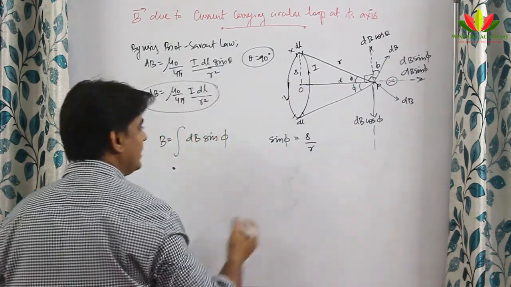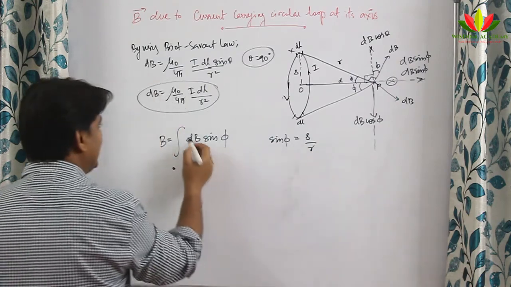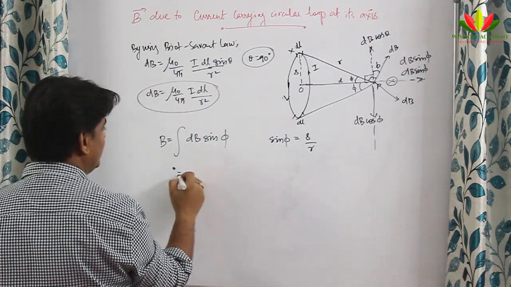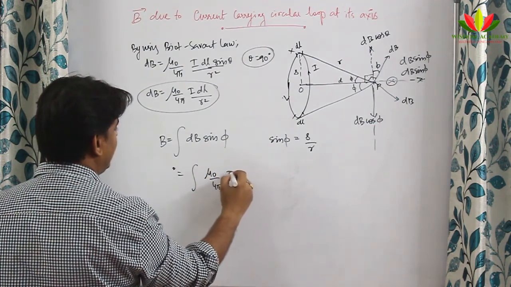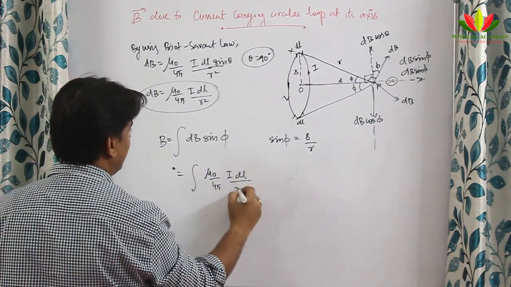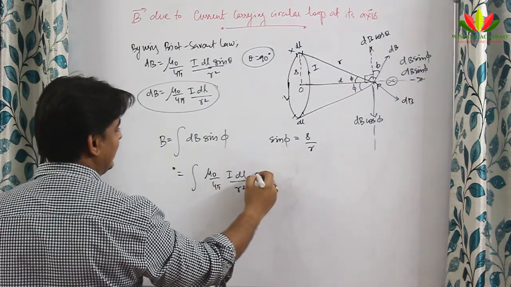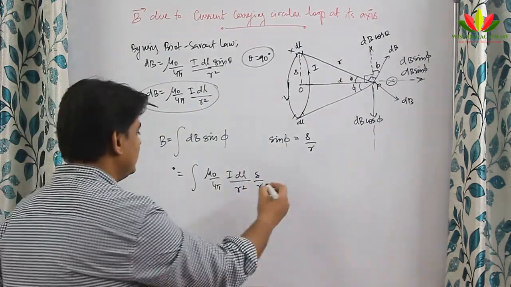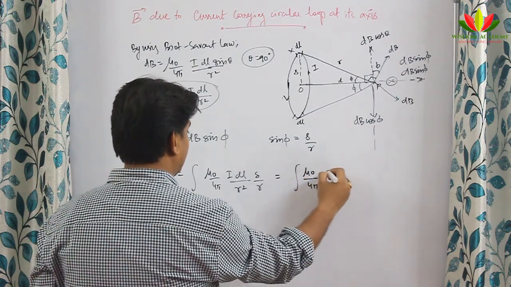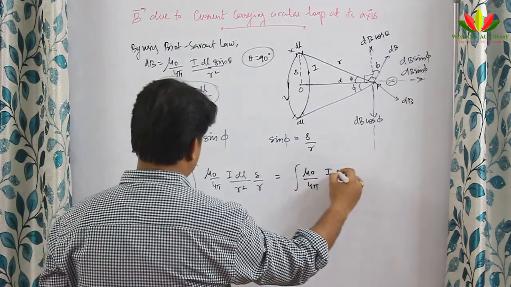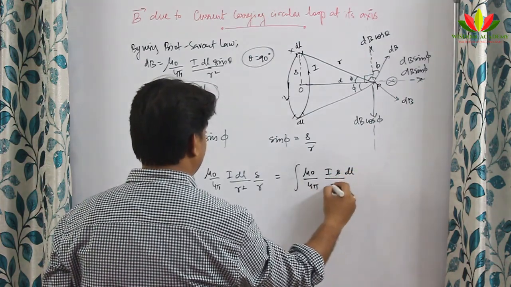And dB I already know, that is equal to the integration of mu naught by 4 pi I dl by r square, and sin phi I can write as s by r. Then it will become the integration of mu naught by 4 pi I s dl by r cube.